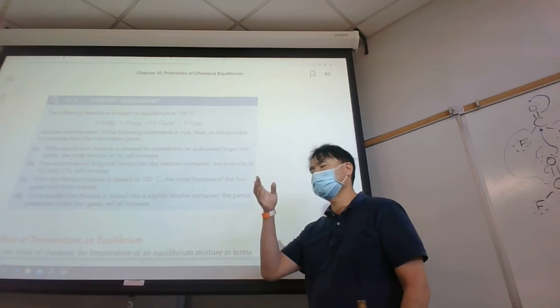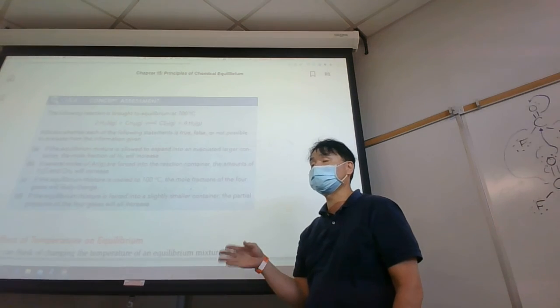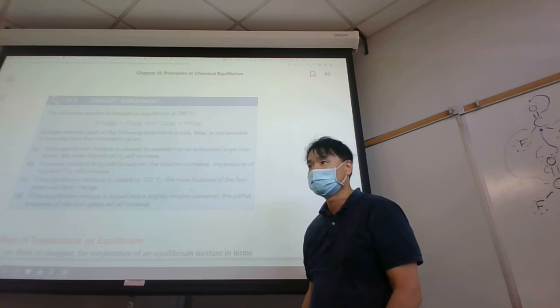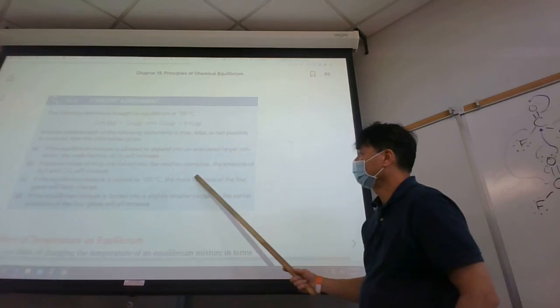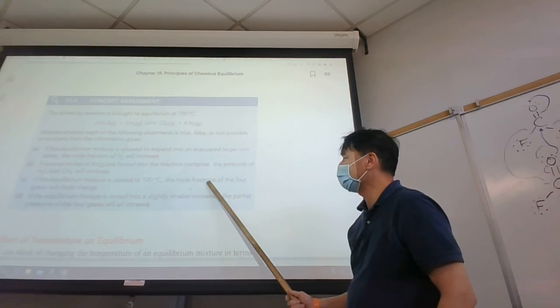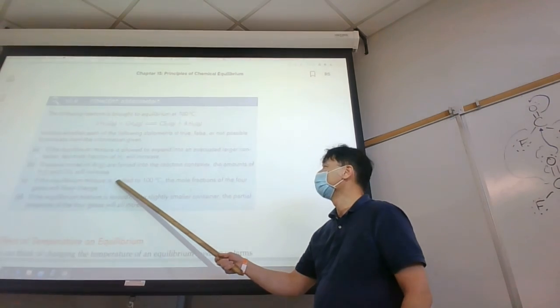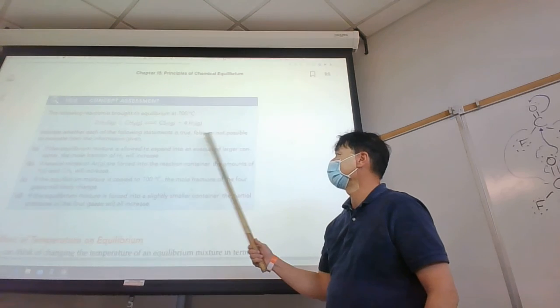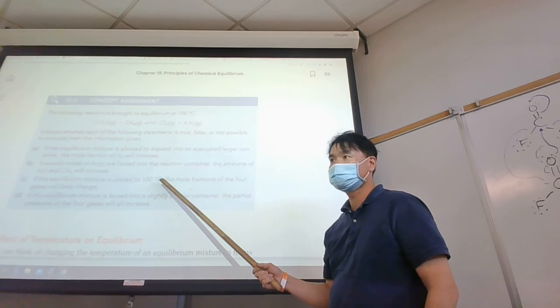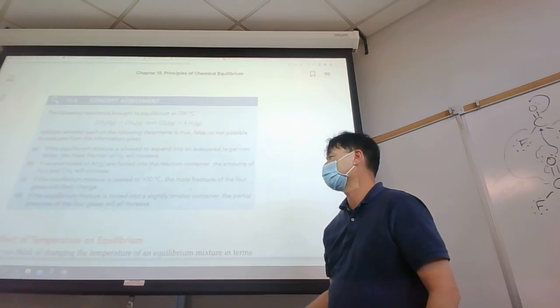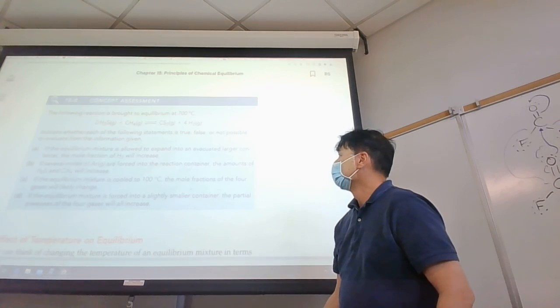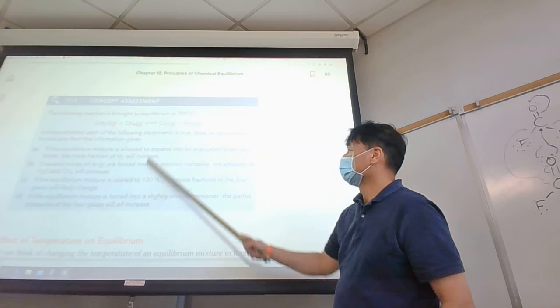That's why when we measure K values, we have to measure them for a given temperature. So yes, this is true. We don't have that much information regarding this, but most likely it is true. In fact, it is true. This is going from 700 to 100 degrees.